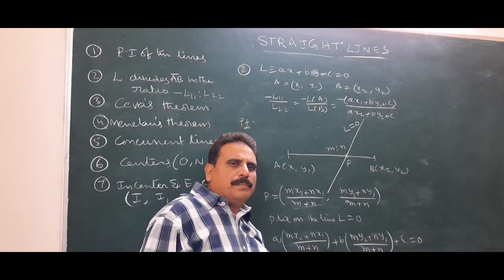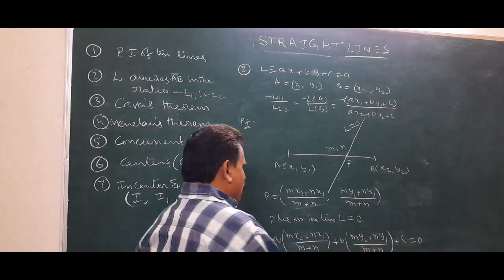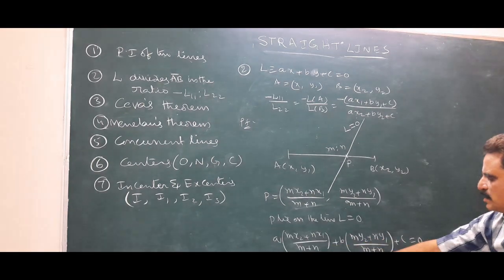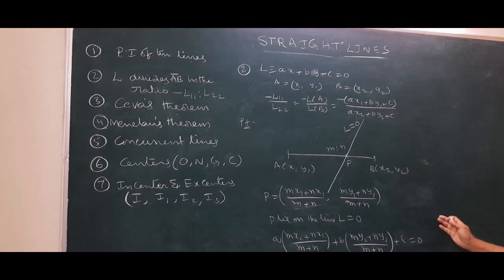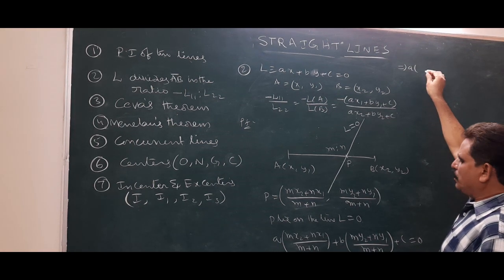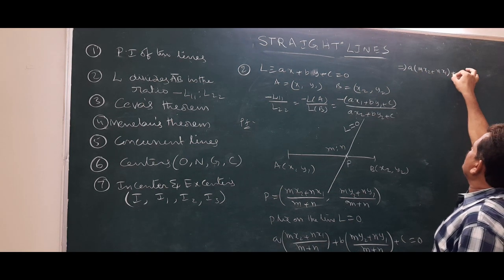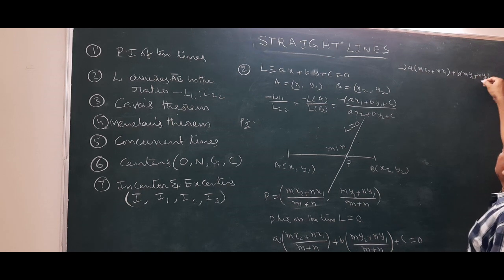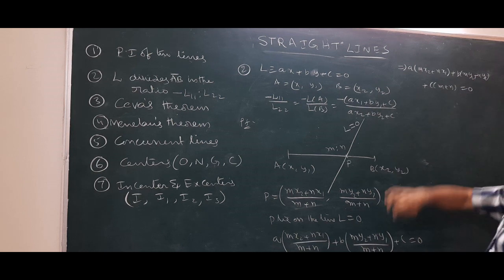Taking LCM, m plus n, and cross multiplication, we get plus c into (m plus n) whole divided by m plus n. By cross multiplication, 0 into m plus n becomes 0. So the next step, look carefully: a into (mx2 plus nx1) plus b into (my2 plus ny1) plus c into (m plus n) equal to 0.